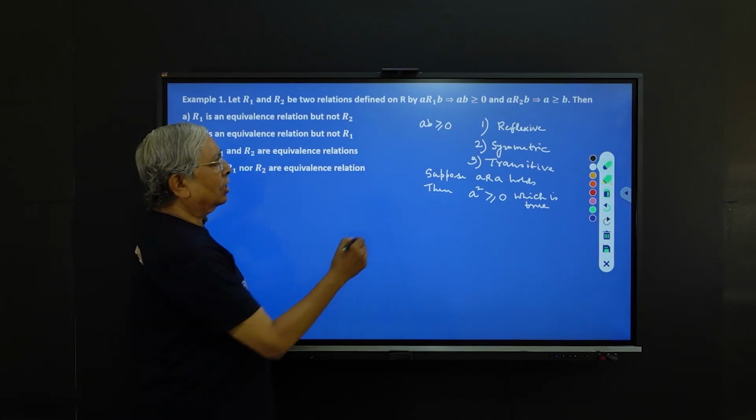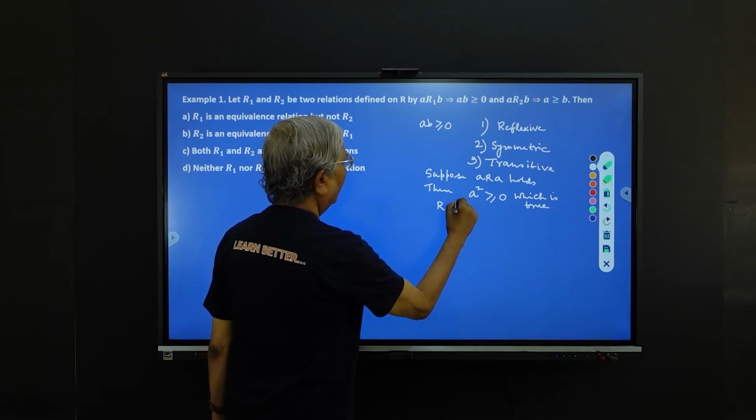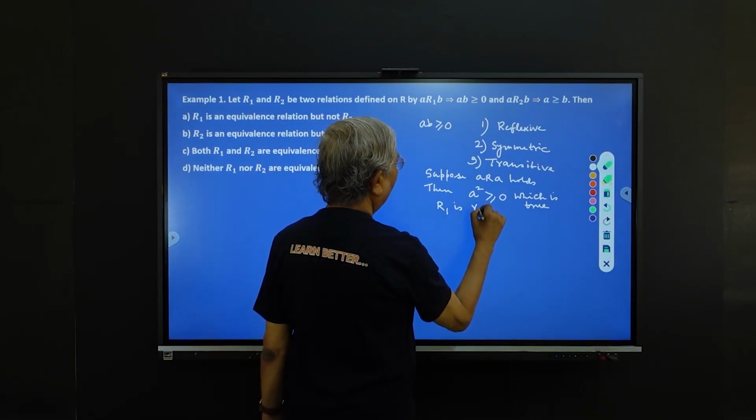So the relation is reflexive. R1 is reflexive.